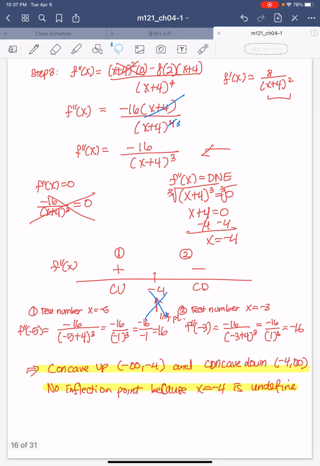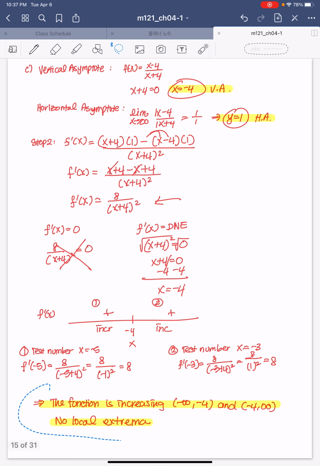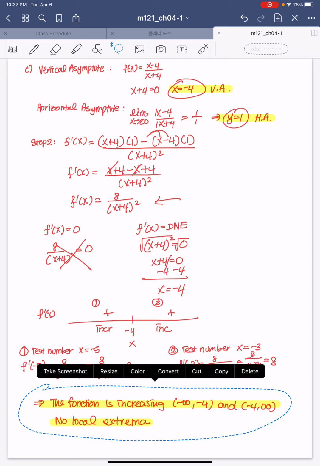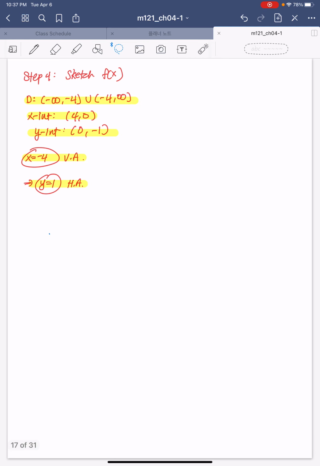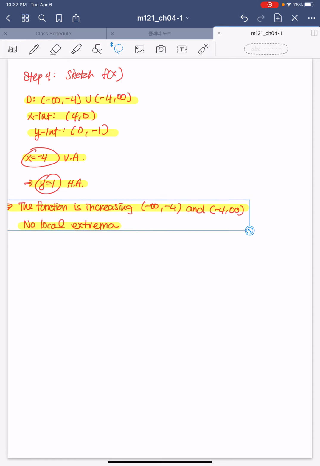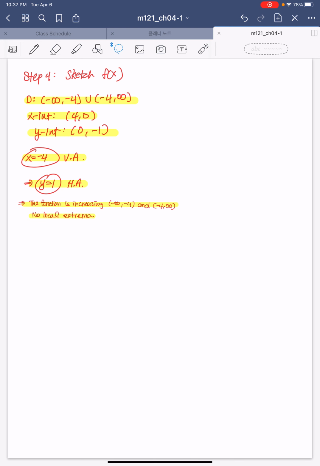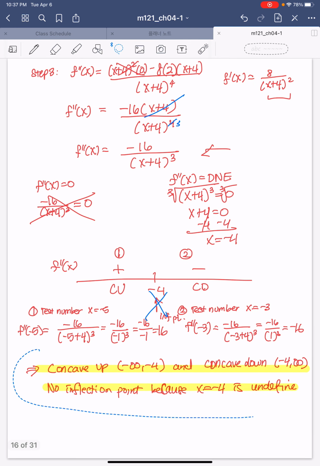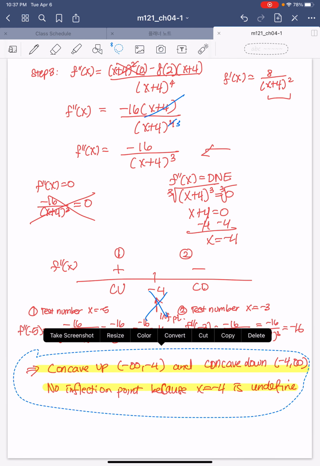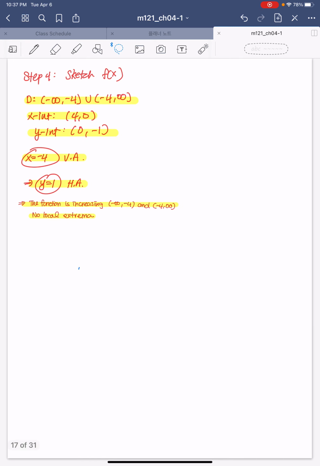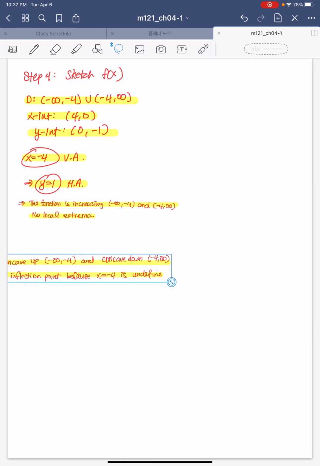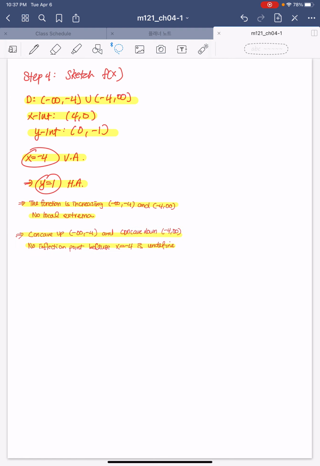And we also have increasing region. And then we have concavity.